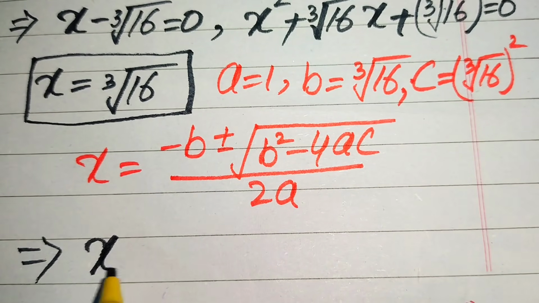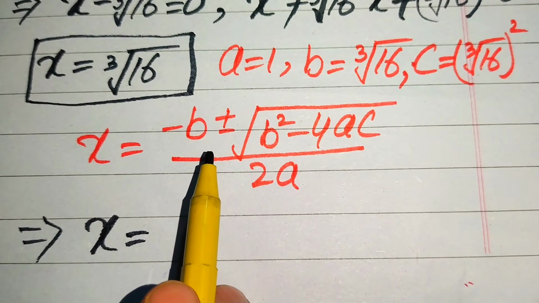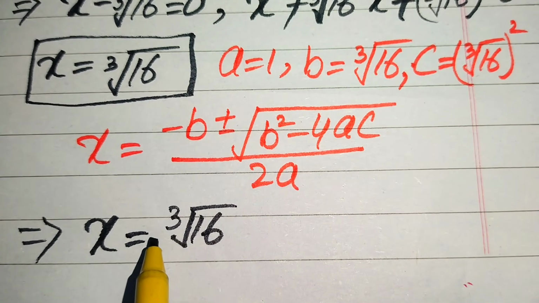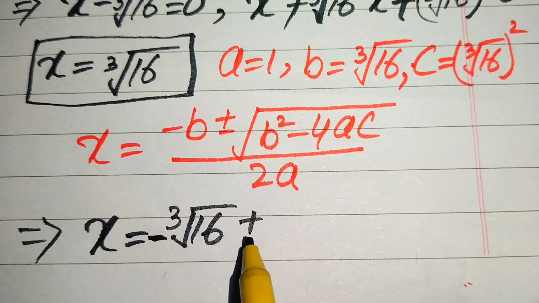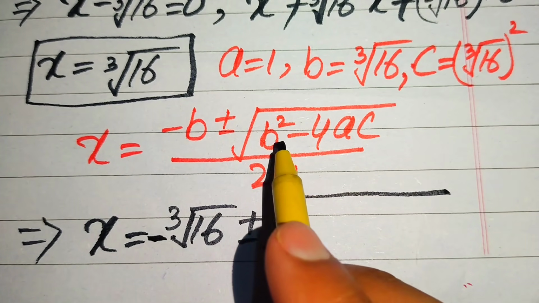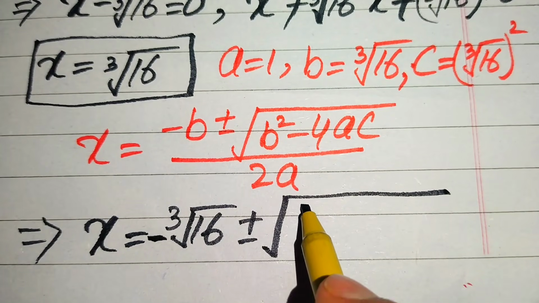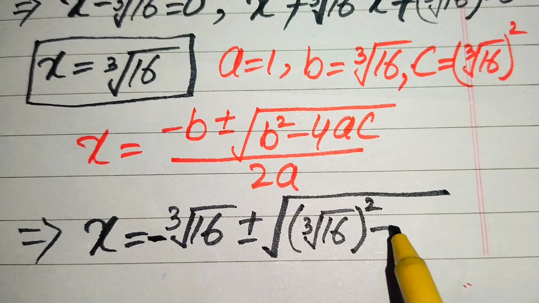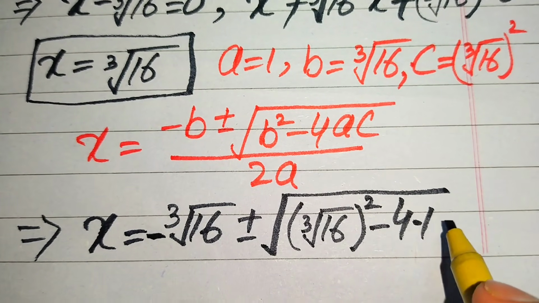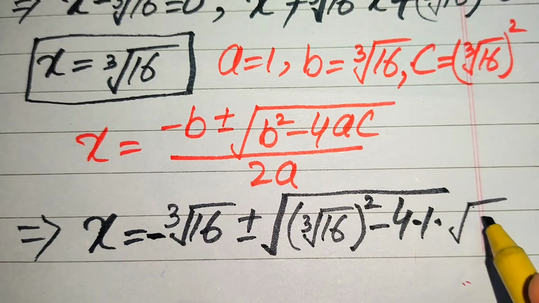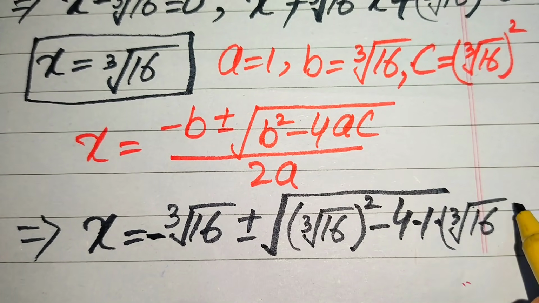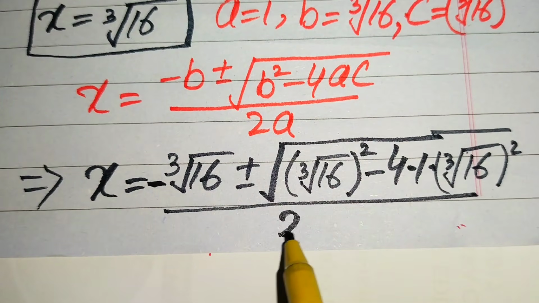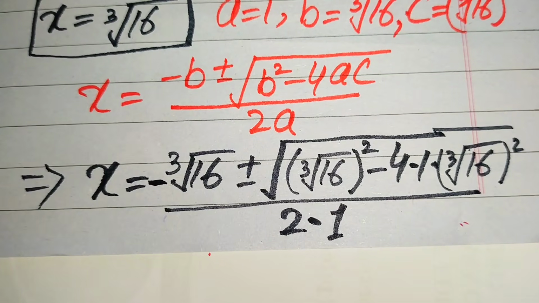So we have x is equal to minus b, the value of b is cube root of 16, so this will be written as minus cube root of 16 plus minus square root of b square, the value of b is cube root of 16 and it will be written as cube root of 16 and its whole square minus 4 times a is 1 and c is cube root of 16 and its whole square, and it is divided by 2 times a, and here our a is equal to 1.